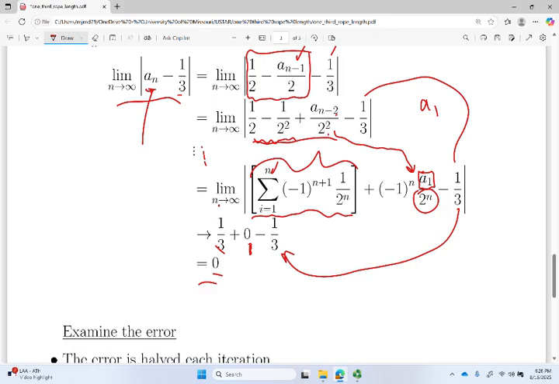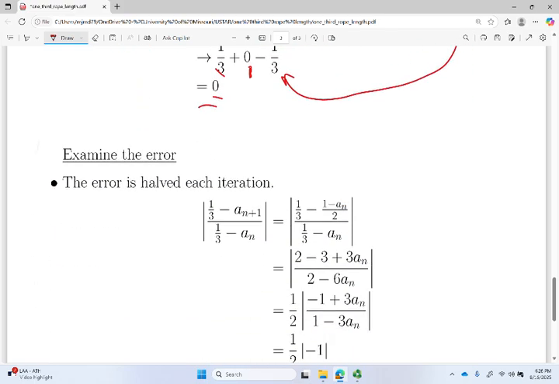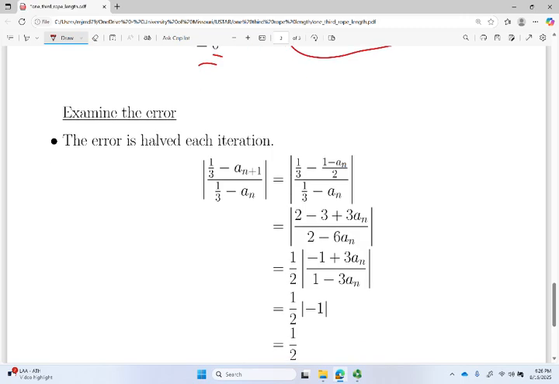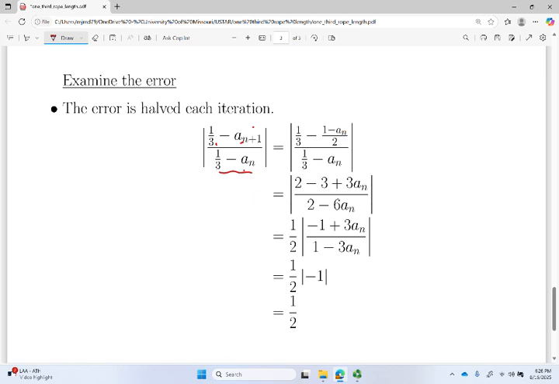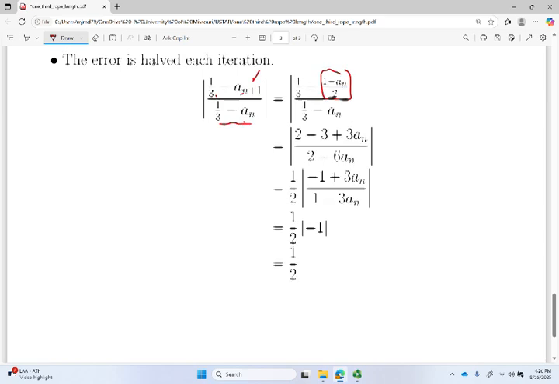Now, to examine the error that James said decreases by half each time, let's look at that. So this is the nth guess, and we'll see its error from 1/3. And this is the next guess, and let's look at its error. I put in what a_(n+1) is.